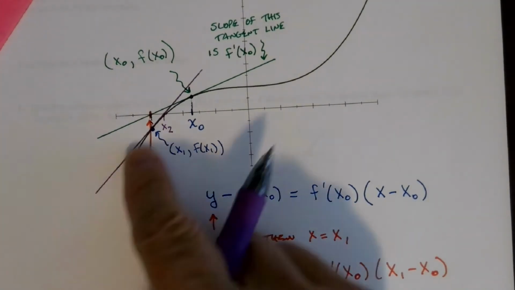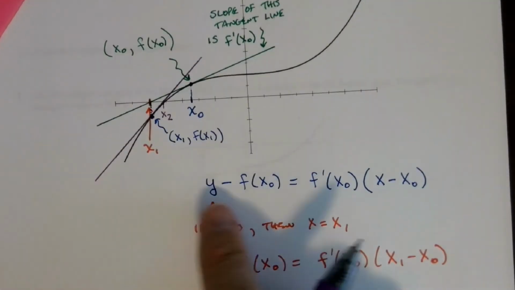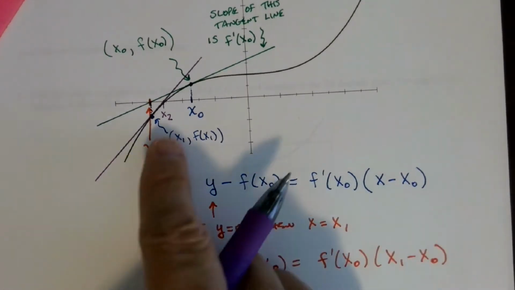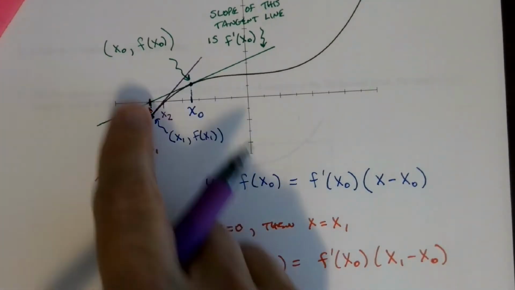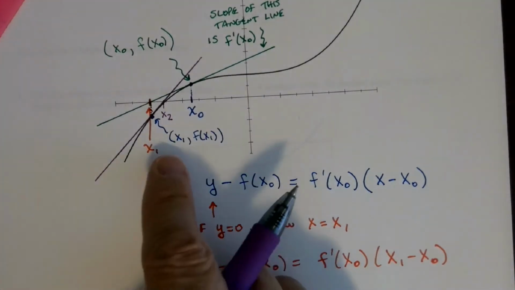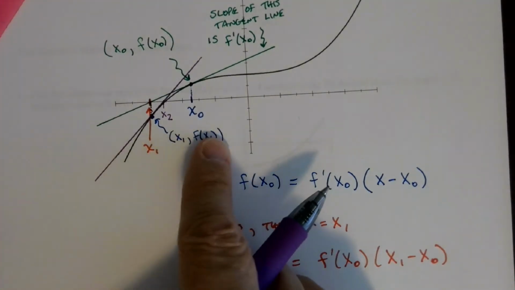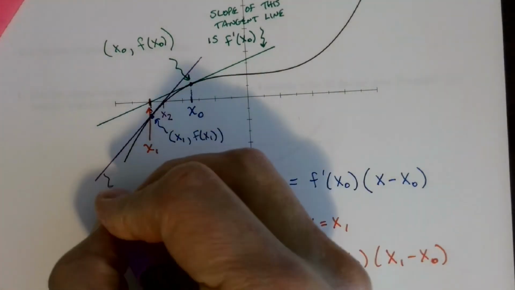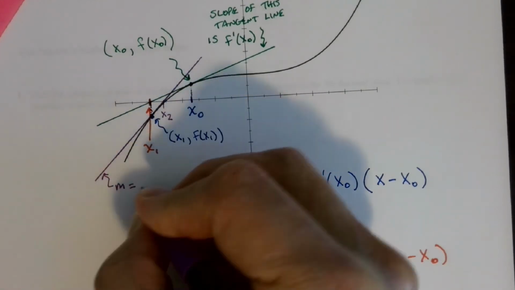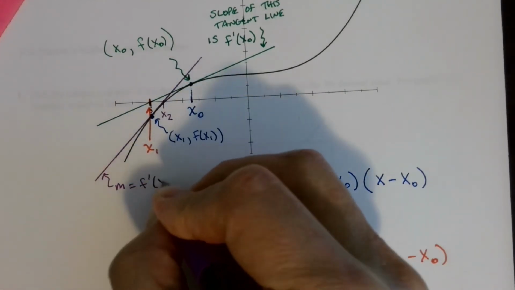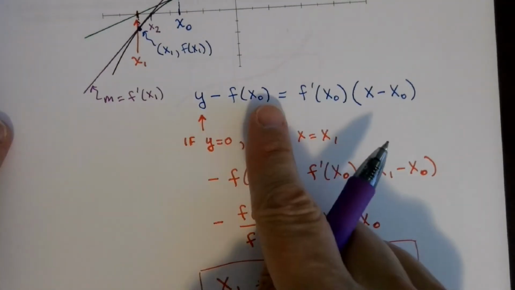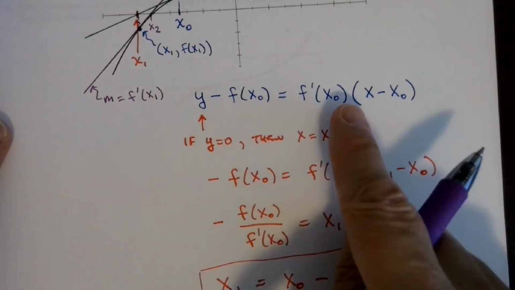Well, this purple line that I've drawn, this tangent line, is going to look very similar to this right here, but instead of x sub 0, f of x sub 0 being the point, here's the point, x sub 1, f of x sub 1, and the slope here is f prime of x sub 1. So basically it looks very similar to this, except replace x sub 0 with x sub 1, right?